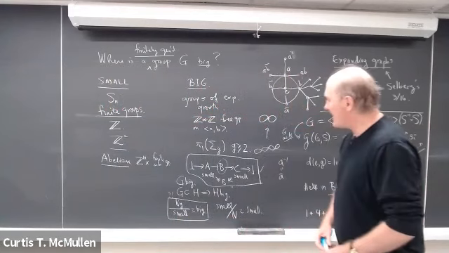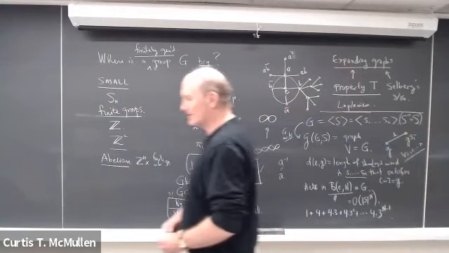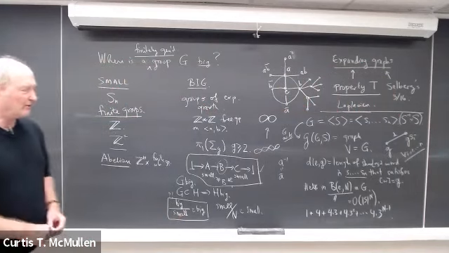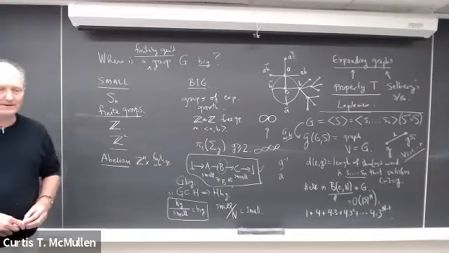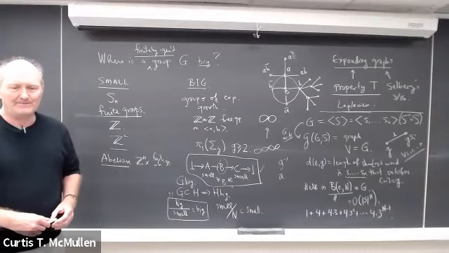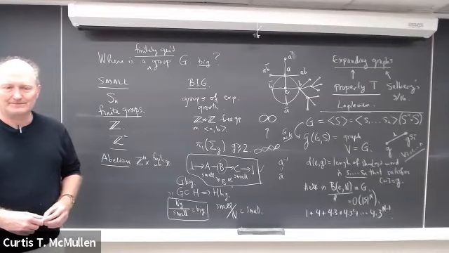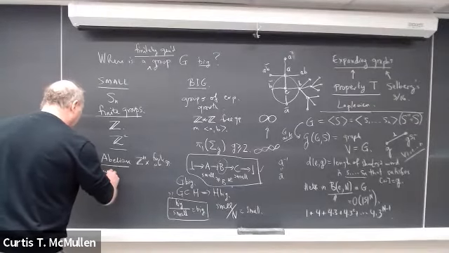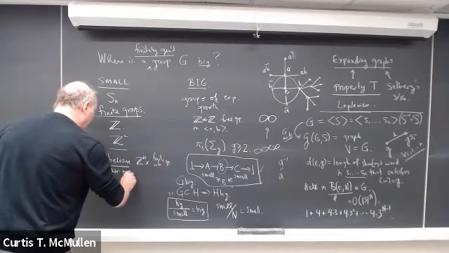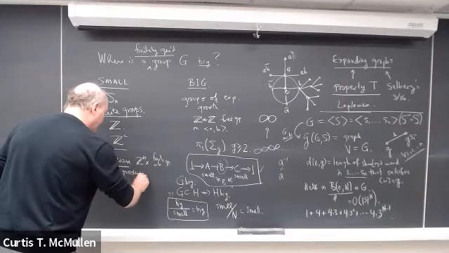What can we add to our list of groups? What groups can you build out of the existing small groups that are not already on this list? You can do semi-direct products, I suppose. Okay, so sure. So semi-direct products of what though?